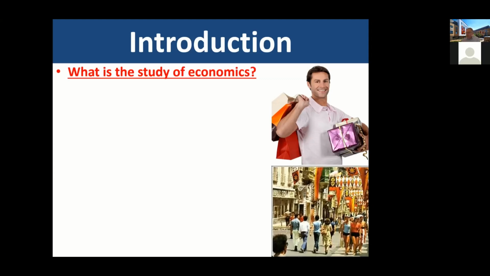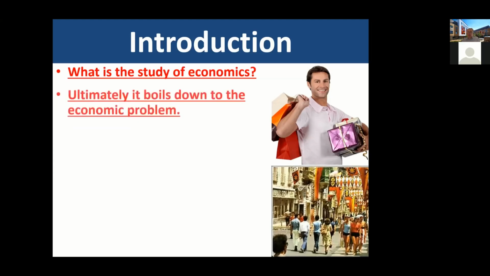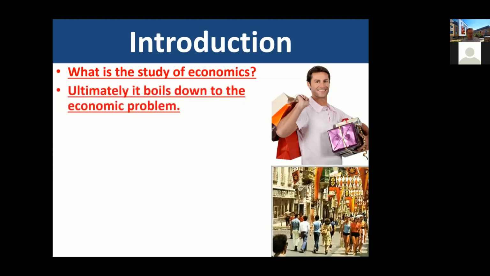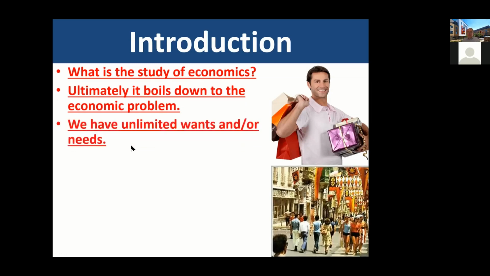But ultimately, whether you're looking at economics from a micro or a macro level, it is the study of the economic problem. And basically, the economic problem boils down to the fact that we have unlimited wants or needs.